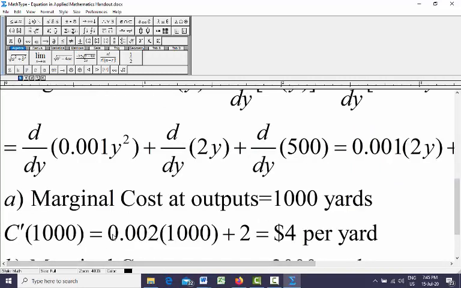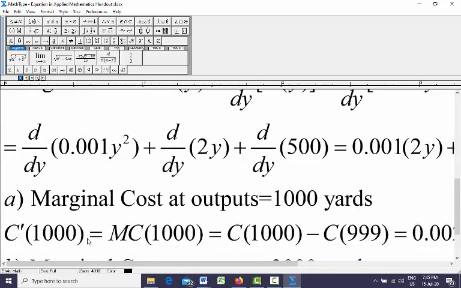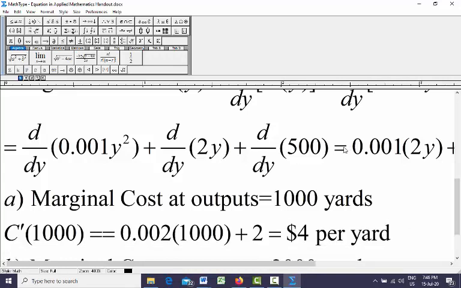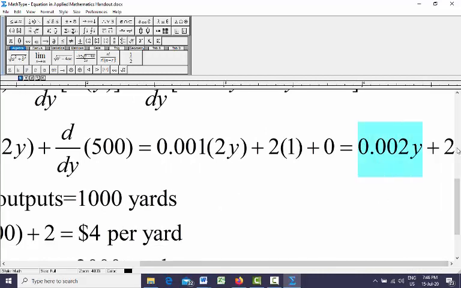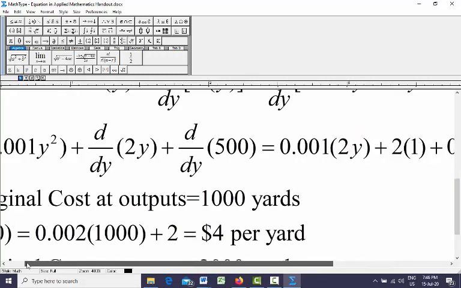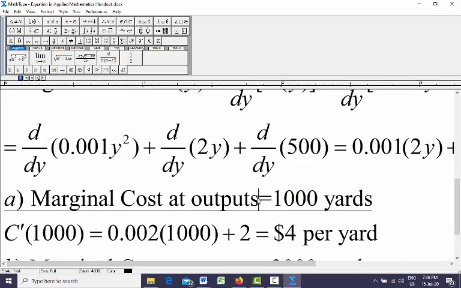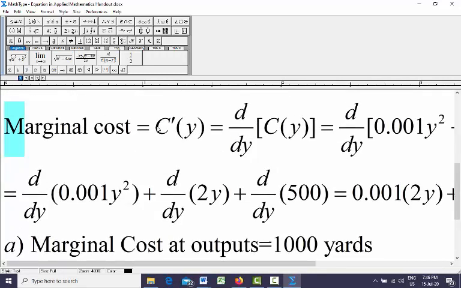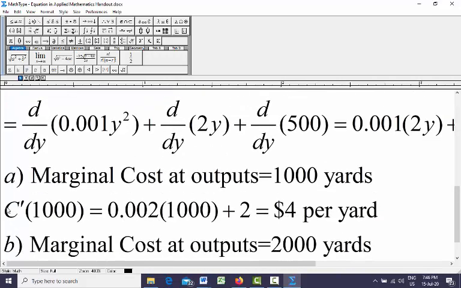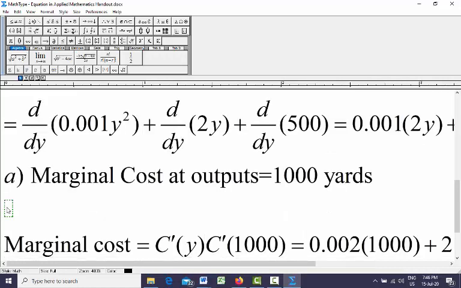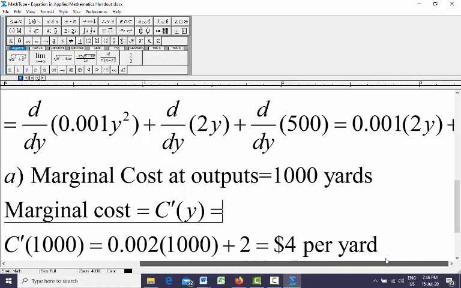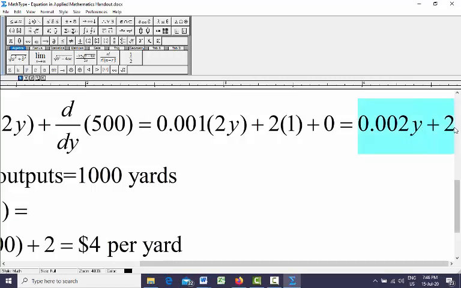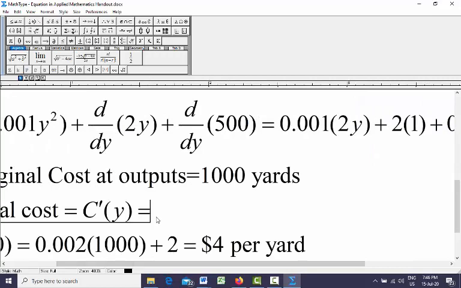So the marginal cost function C prime y is equal to this.